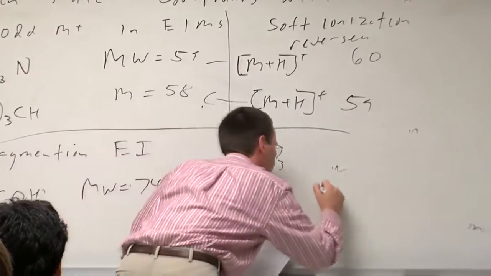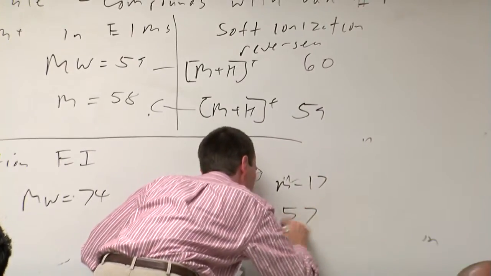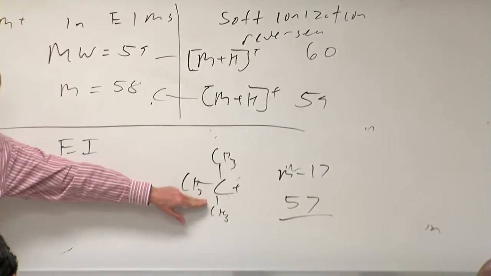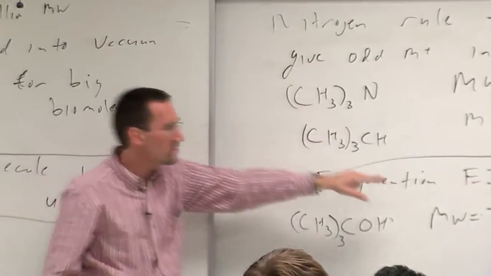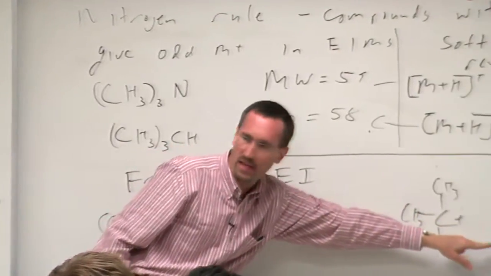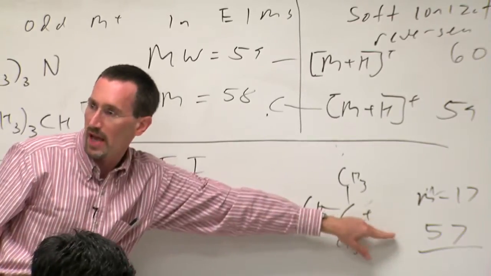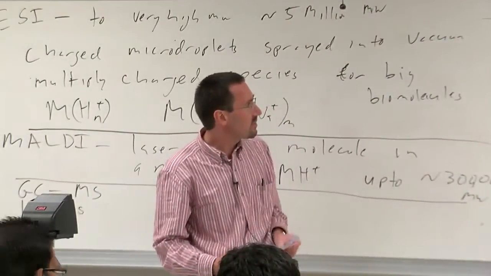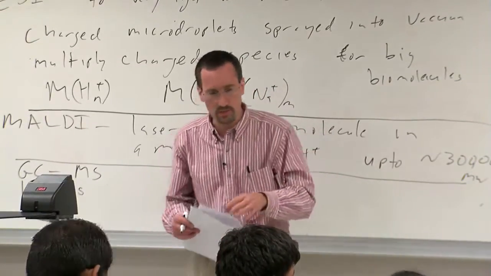And that's M minus 17. That's 57. And so if you just looked at the biggest peak in an EI mass spectrum of tert-butanol, you'd say, oh, the highest molecular weight peak is 57. This has to have a nitrogen. In reality, no, it's a fragment. Anyway, that's something to keep in mind as a way with small molecules of saying, okay, what elements are present.